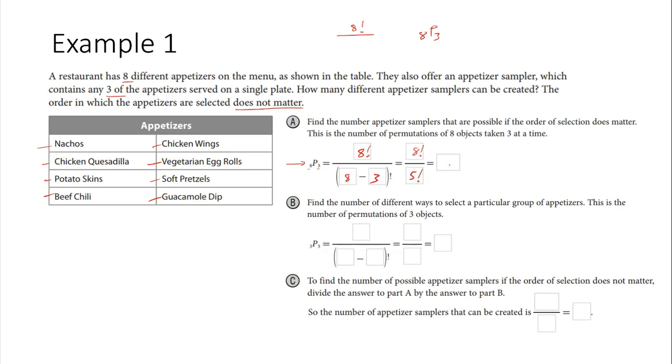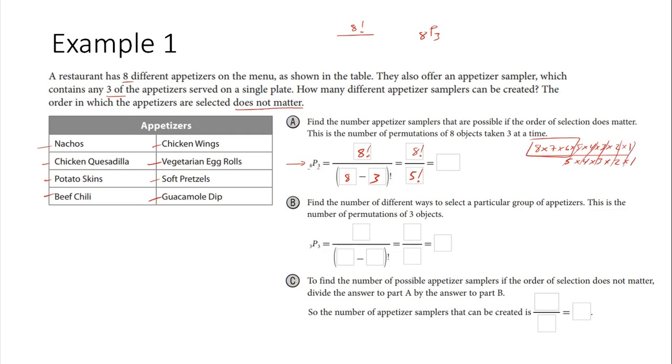Now, just to refresh your memory on how to deal with factorials, 8 factorial is really 8 times 7 times 6 times 5 times 4 times 3 times 2 times 1. And 5 factorial is really just 5 times 4 times 3 times 2 times 1. If you notice, the 5 cancels out, the 4 cancels out, the 3's cancel out, the 2's cancel out, the 1's cancel out.